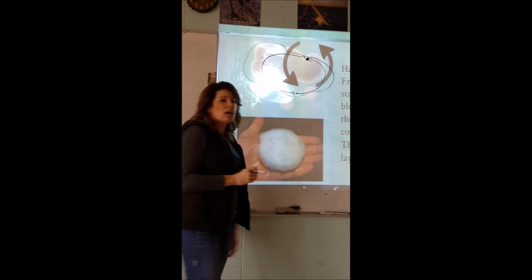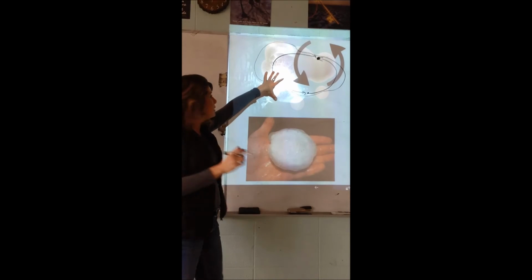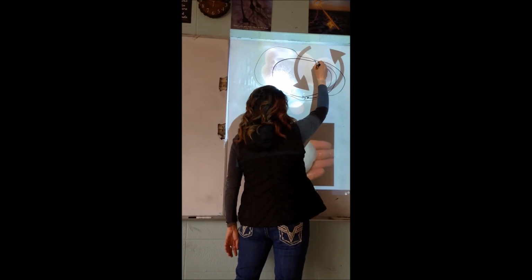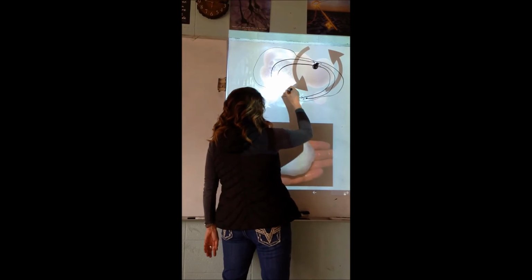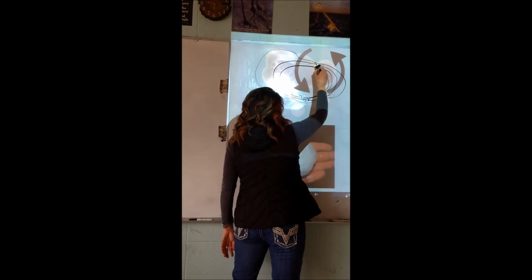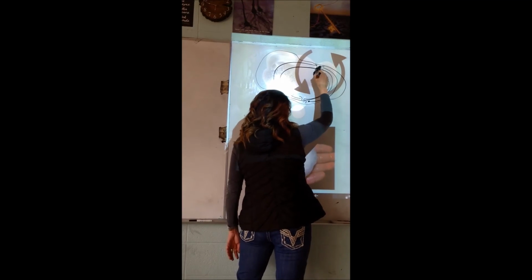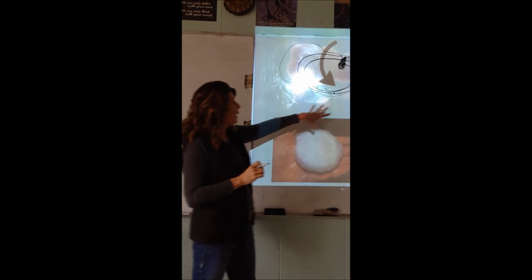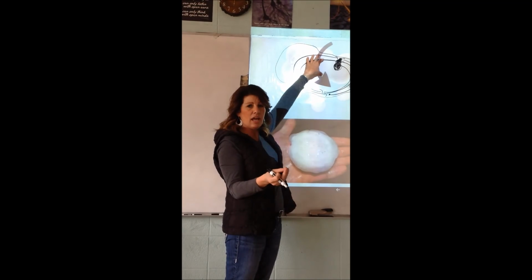Now, depending on how strong this cloud is, that piece of ice can get pulled back up, and it'll be adding another layer of ice, and it happens over and over, and every time that piece of ice goes back up into this cloud, it adds another layer of ice.